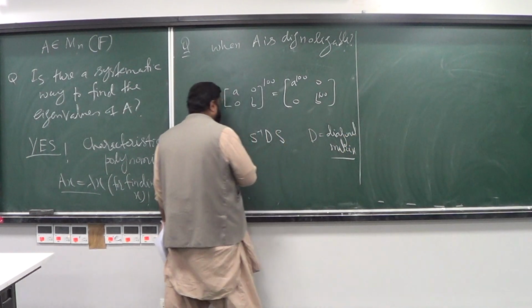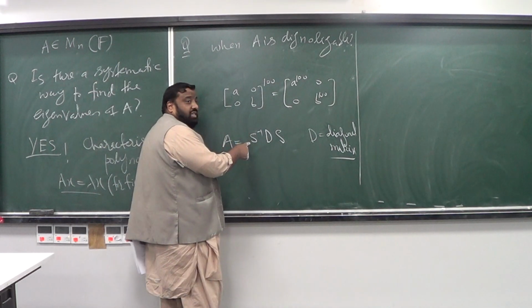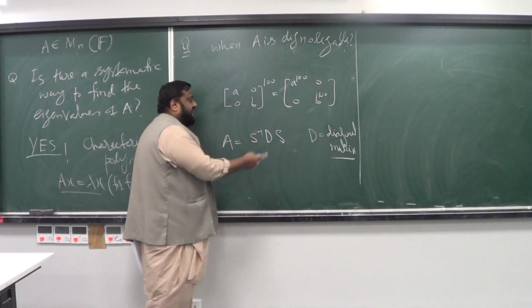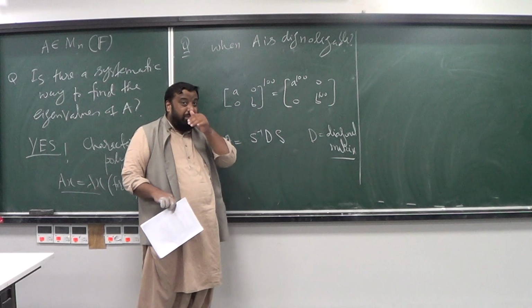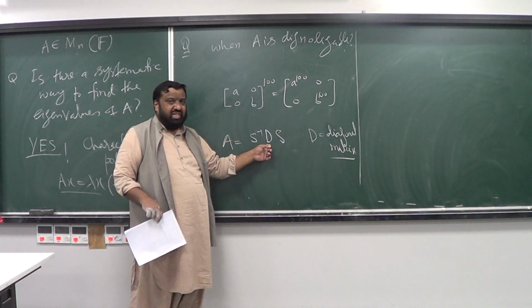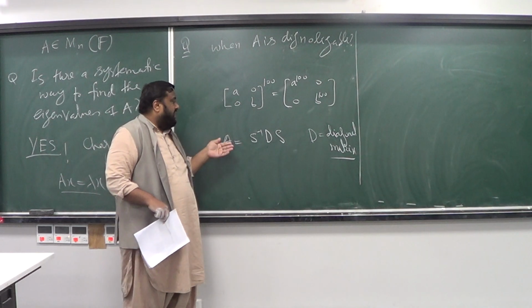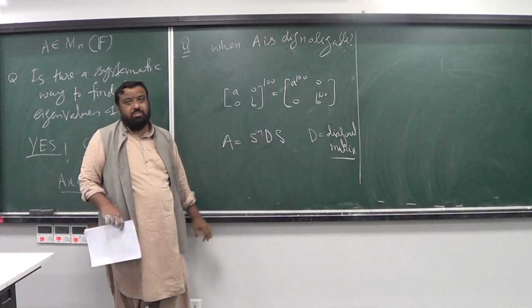I'm going to say A is diagonalizable if we can find a matrix S such that A can be written as S inverse D S, where D is a diagonal matrix. So if A can be factorized in such a manner, we're going to say that matrix A is diagonalizable.